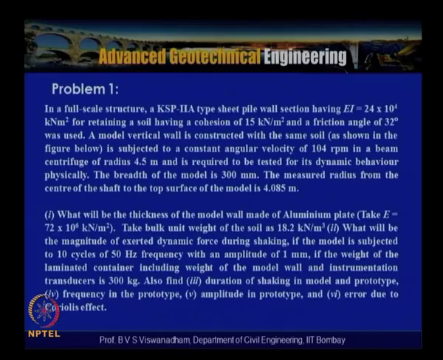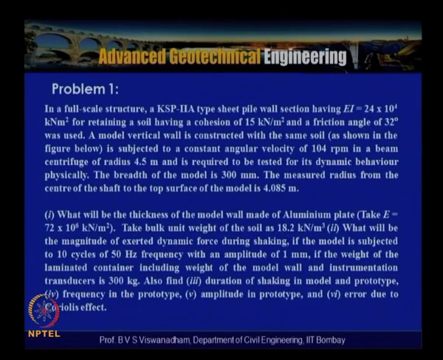After having seen the different avenues for inducing earthquakes and the scaling considerations, using the knowledge we have gained, let us look into this problem. In a full scale structure, a KSP2A type sheet pile wall section having flexural rigidity EI equal to 24 into 10 to the power of 4 kilonewton meter square, for retaining a soil having a cohesion of 15 kilopascals and a friction angle of 32 degrees, was used.